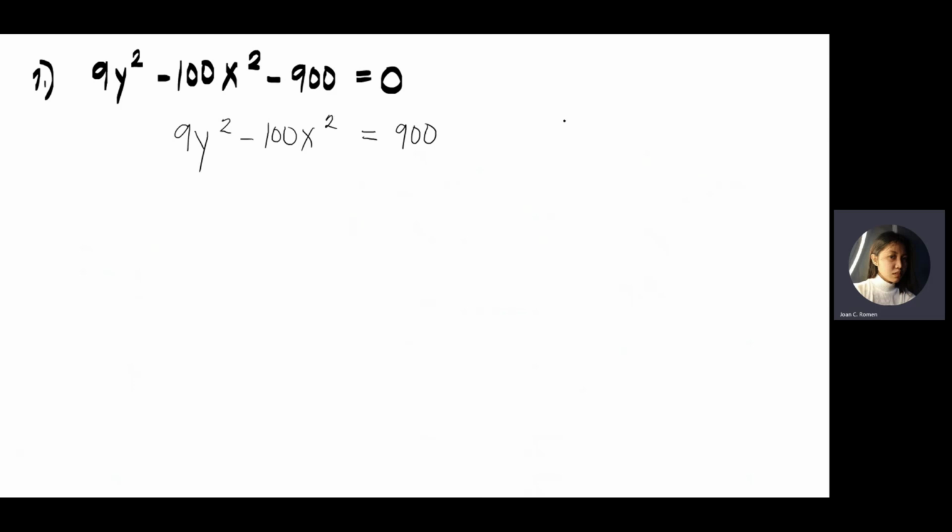So the standard form should be in the form of y squared over a squared minus x squared over b squared is equal to 1. So 1 lang po dapat yung nasa right hand side. Pero meron tayo dito na 900. So paano natin to gagawing 1?